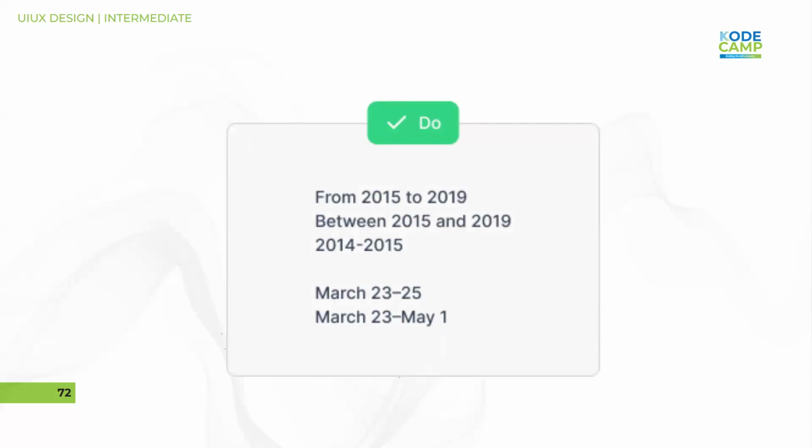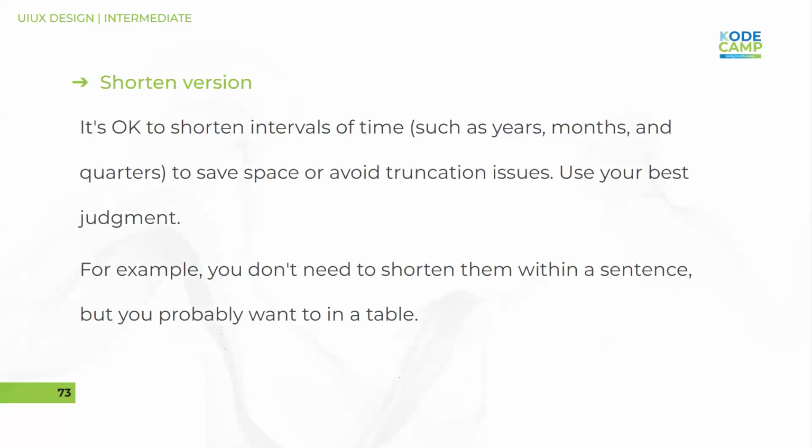Then 2014 to 2025. You can now see how we are presenting this data. So this is the do when it comes to dates in American English. We're also going to look at a shortened version. It is okay to shorten intervals of time, such as years, months, and quarters.